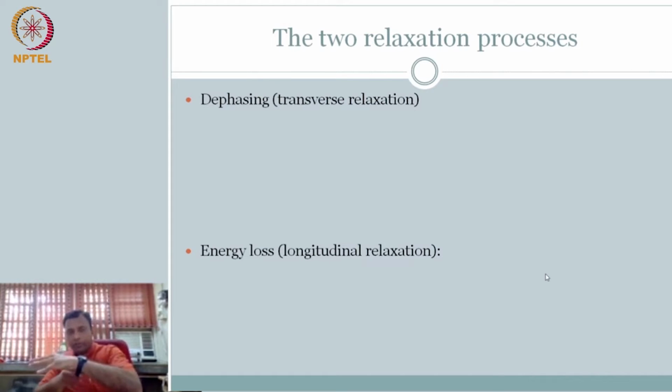How it is going to dephase, we'll talk about the physics and some aspects of it. Then the other one is energy loss, meaning when you start to lose energy here, your Z component is going to increase. So that is your longitudinal relaxation. The extra energy that you put in is lost, so it will come back to its resting state in the static magnetic field. So there are two aspects of relaxation.